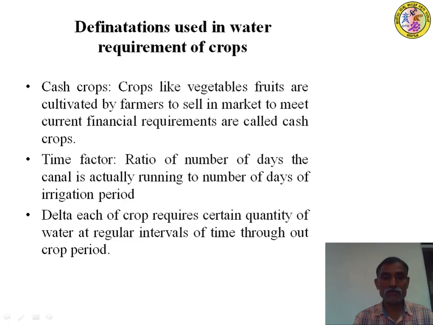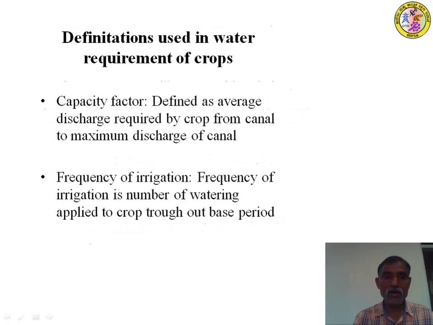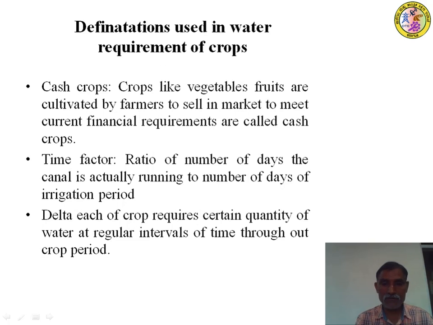Delta, a very important definition. Delta: if each crop requires a certain quantity of water at regular intervals of time throughout the crop period, delta is nothing but the total depth of water required from the sowing to the harvesting.